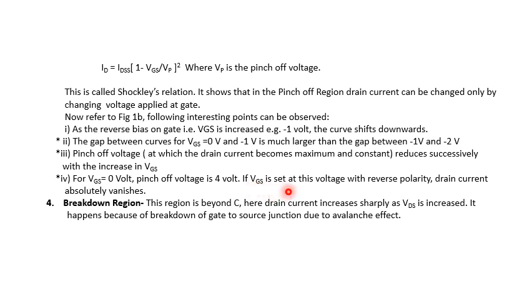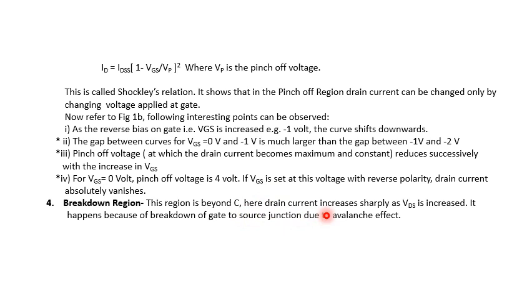So VGS off, which makes the drain current zero, and pinch off voltage, which makes the drain current maximum and constant, are numerically equal. But the only thing is that VGS off is applied as a reverse bias between gate and source, and pinch off voltage is applied between drain and source.